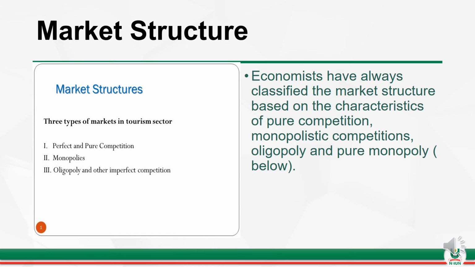Economists, however, classified the market structure based on the characteristics of pure competition, monopolistic competition, oligopoly, and pure monopoly below. The behavior of a firm or industry can be predicted once the structure of the market has been established.